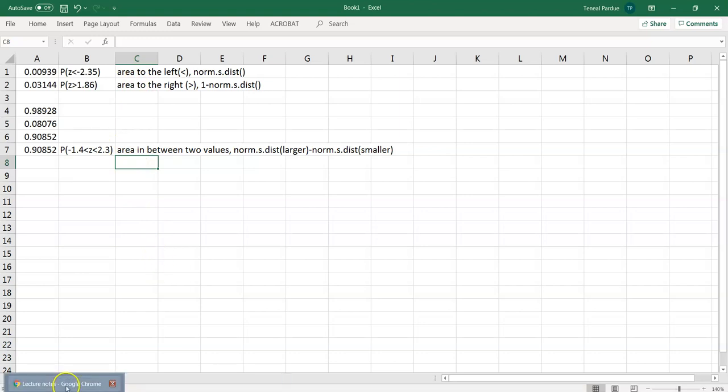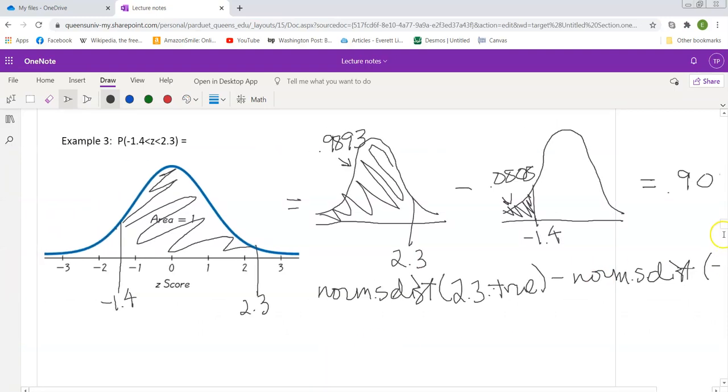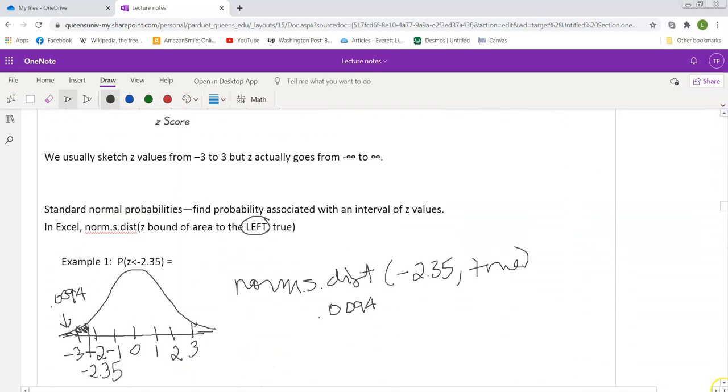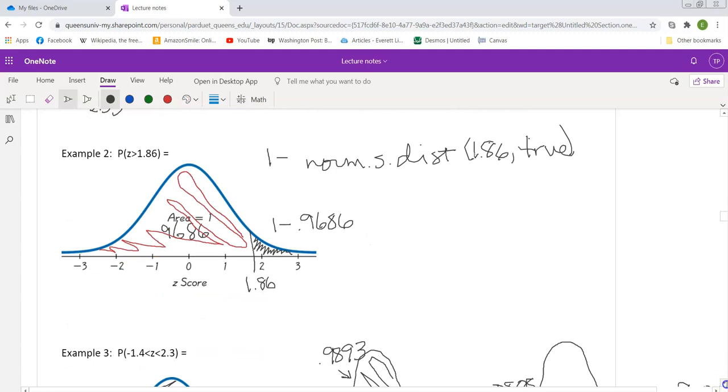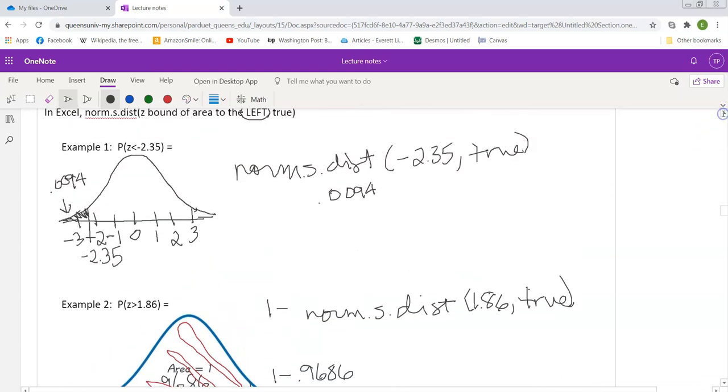So just to review, here in this part, I just want to point to one of these because I'm a math teacher and I can't talk without pointing to something. We are given a range of z values, like z greater than 1.86, or z between negative 1.4 and 2.3, or z less than negative 2.35.